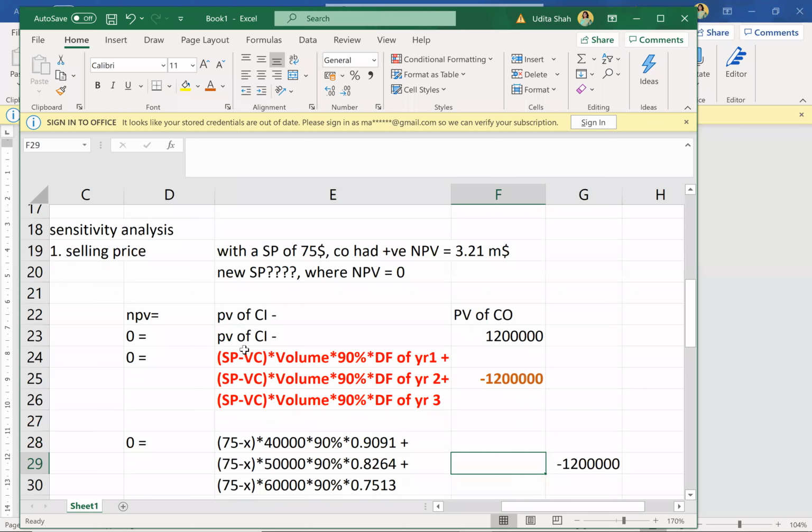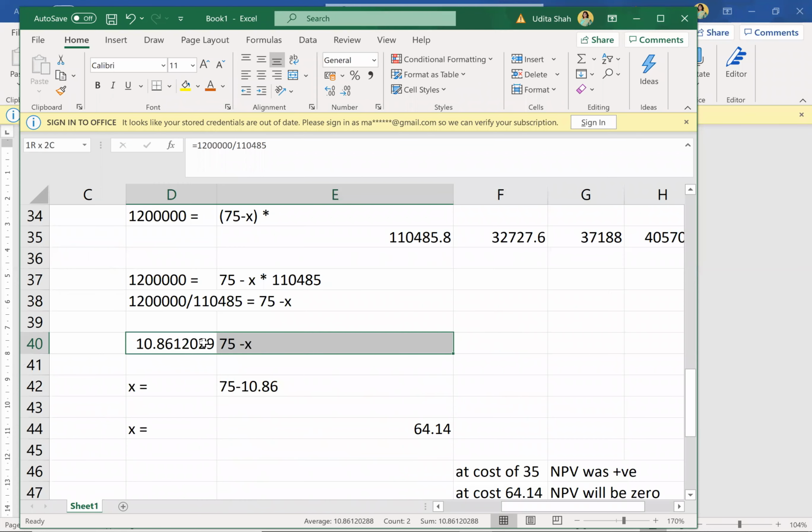Even if you replace this one, that is okay. 10.86 was equal to X minus 35. Now this will become 10.86 is equal to 75 minus X. Okay.